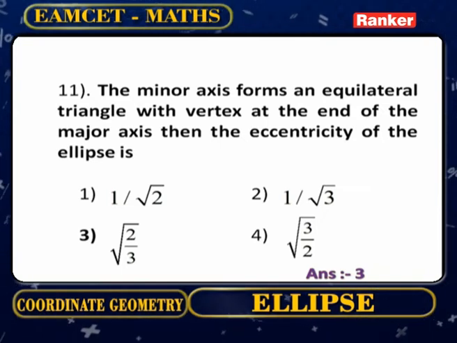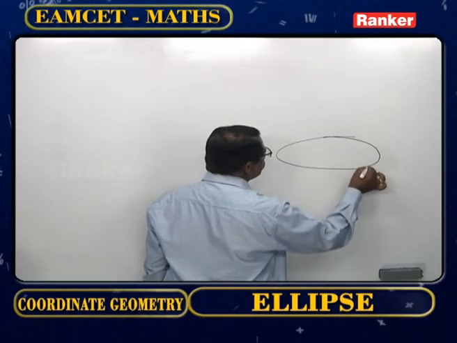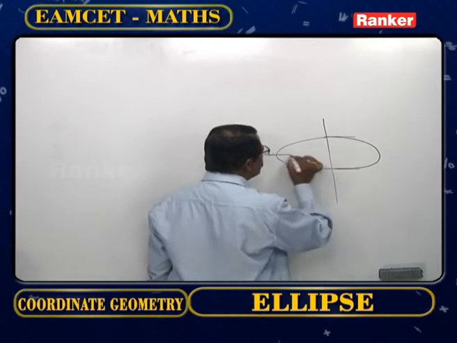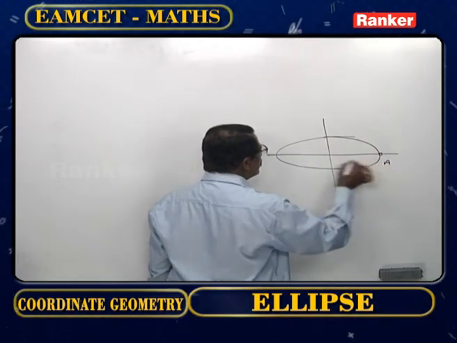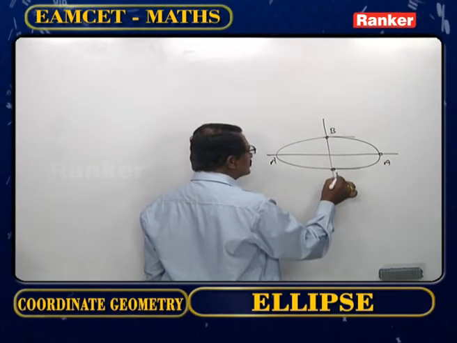The minor axis forms an equilateral triangle with a vertex at the end of the major axis. Then find the eccentricity of the ellipse. Suppose in the ellipse, A and A dash are vertices, and B dash is the end of the minor axis.